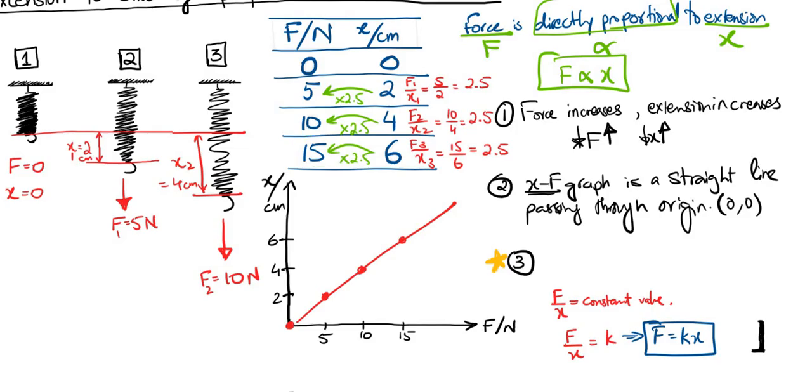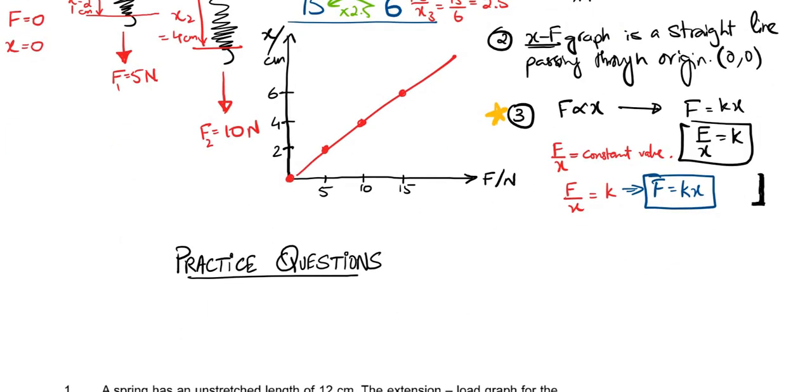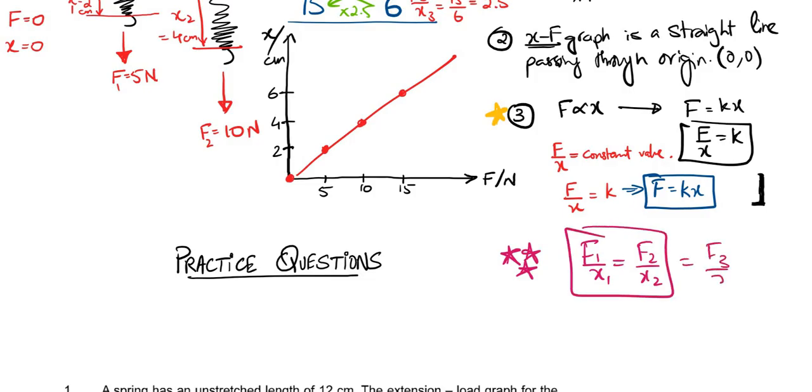So whenever I multiply k, that is 2.5, with the extension, I get the value of force. तो force is directly proportional to extension का तीसरा implication क्या है, we can write force equals k times x, और ये भी कि force divided by extension हमेशा एक ही value रहेगी, k, and that also means, this is very important, f1 divided by x1 will be equal to f2 divided by x2, and obviously that will be equal to f3 divided by x3.